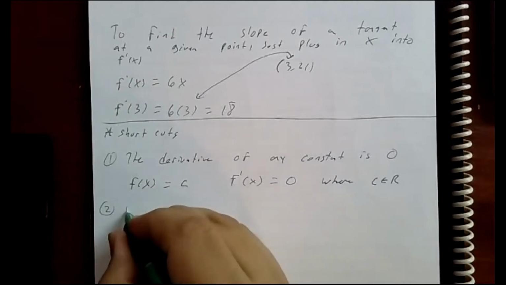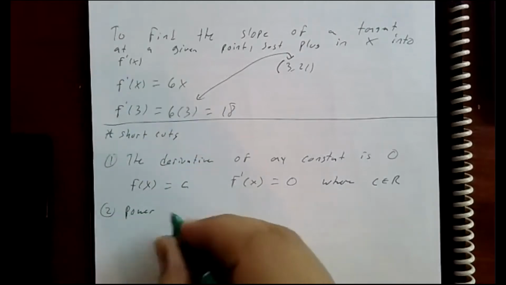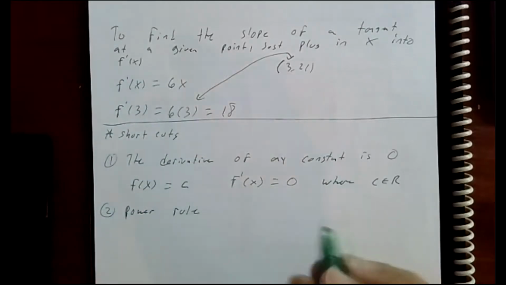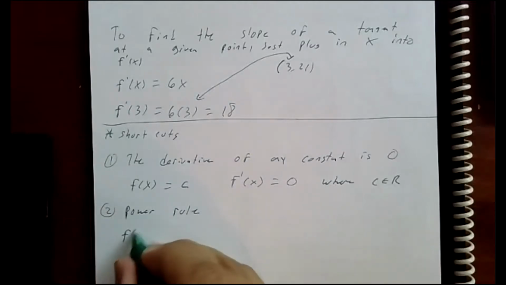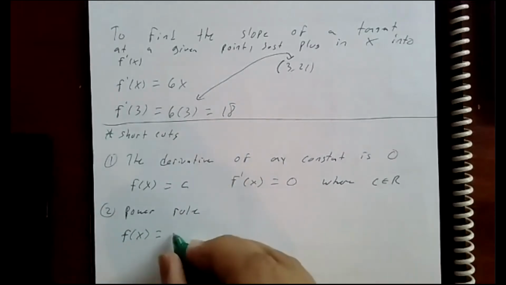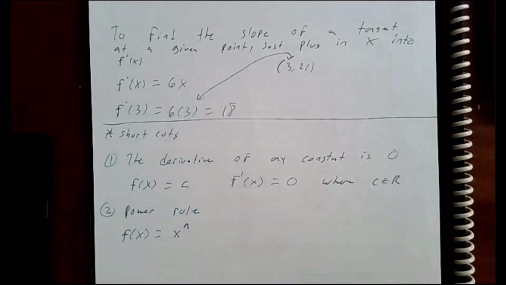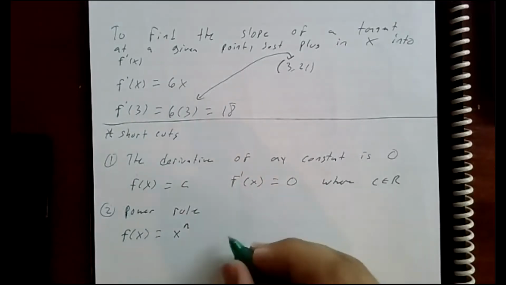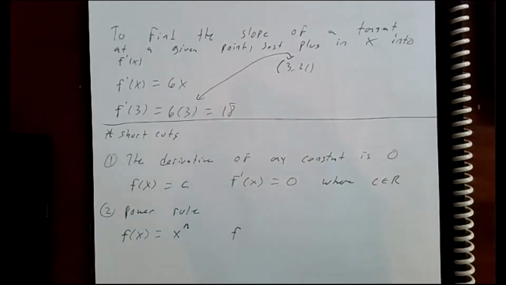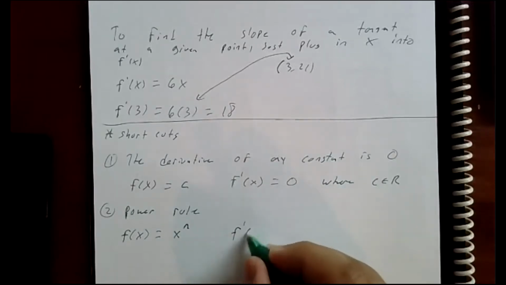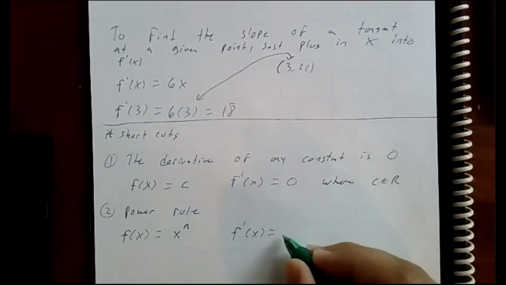Okay, the power rule is the main one we're going to use today. So if you have a function f of x equal to x to the n, the derivative will always be the following.